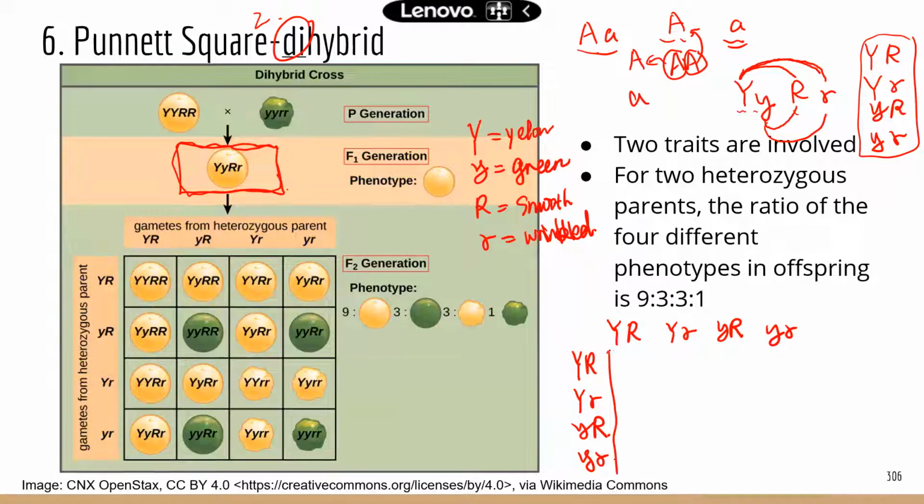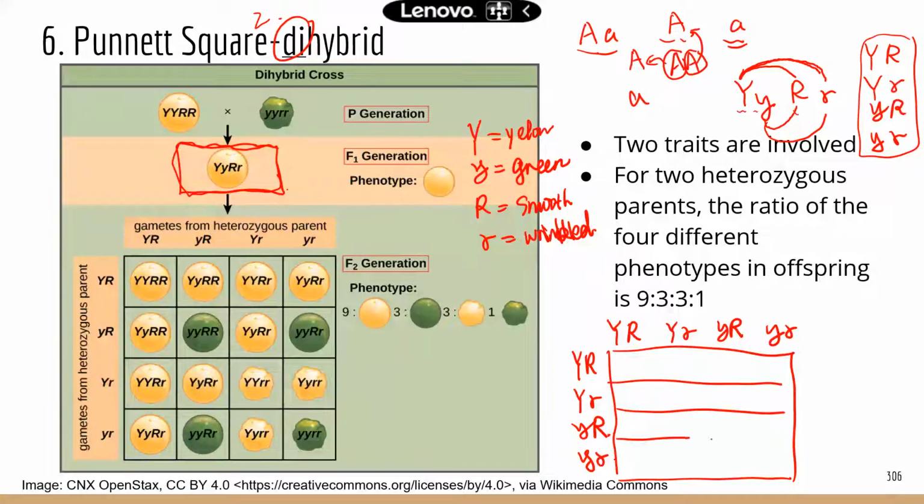And then you do the Punnett square, and you will notice that because you have 2 more possibilities for each parent, instead of a 4 square Punnett square, now you're going to have a 16 square Punnett square. And then again, you just do the same thing, right? You just put all the combinations in each square.